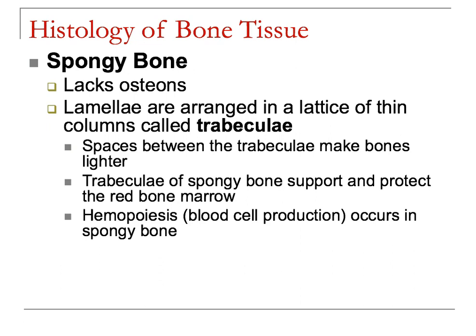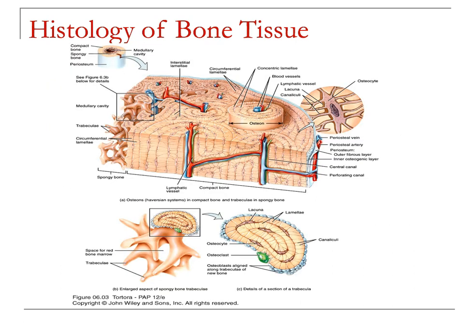And when we last spoke, we did a comparison and contrast of how osteogenic or compact bone is built in these repeated arrays of concentric lamella with a centrally located blood vessel as well as lymphatic structures.